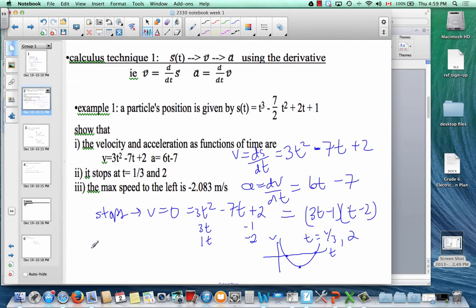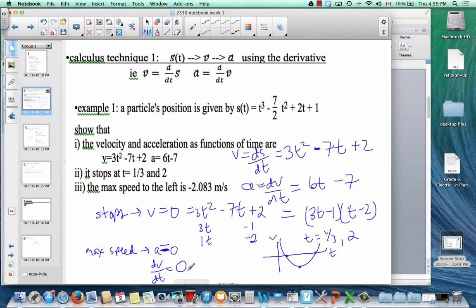Notice that at that point, the acceleration is 0. So when you're at the maximum speed, you're not going to be accelerating. And that's just another idea from Calculus 1. You get a maximum when the derivative is 0. So where is the acceleration 0, i.e. where is dv dt equals 0?